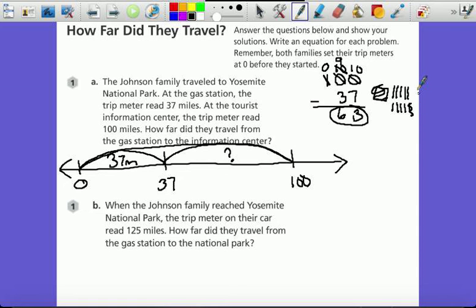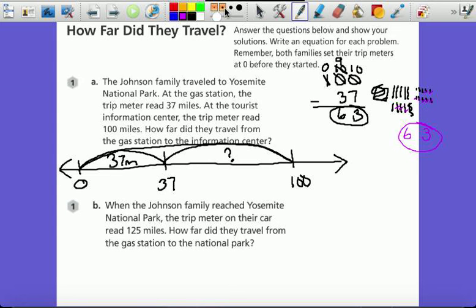One of these turns into 4, 5, 6, 7, 8, 9, 10 ones. So now we can subtract. I'll change colors so we can see it a little easier. I need to subtract 7, so I'm going to go 1, 2, 3, 4, 5, 6, 7. I see that I have 3 left. Then I subtract 3 tens, 1, 2, 3, and I see that I have 6 left. So same answer.